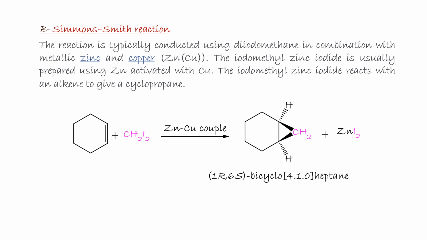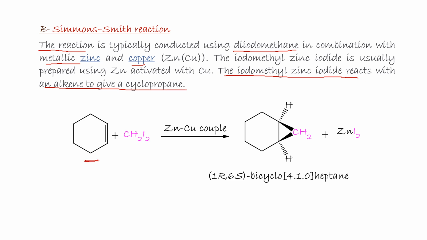Simmons-Smith reaction. The reaction is typically conducted using diiodomethane in combination with metallic zinc and copper. It's a zinc-copper couple alloy. The iodomethylzinc iodide reacts with the alkene to give cyclopropane.